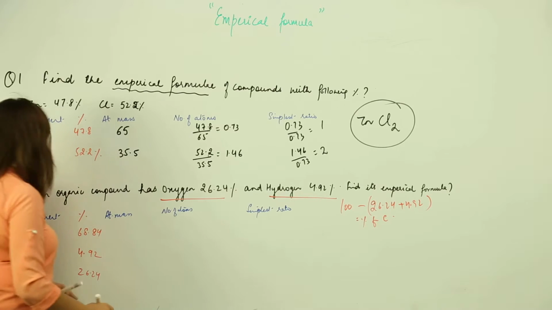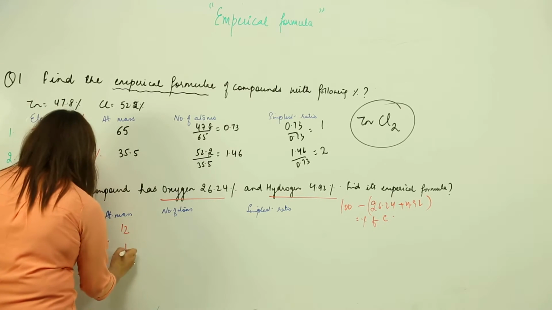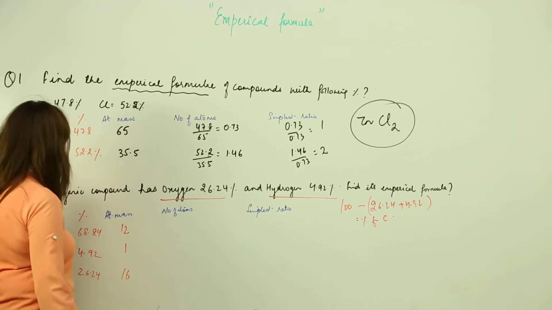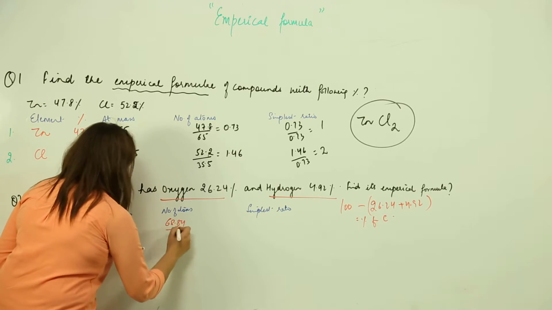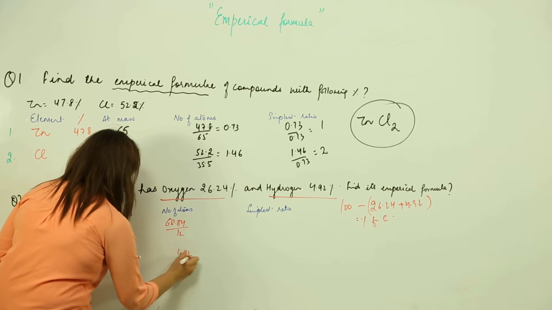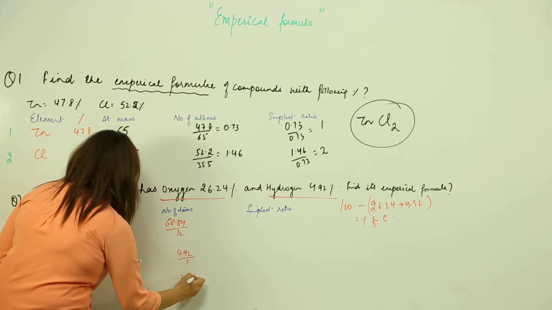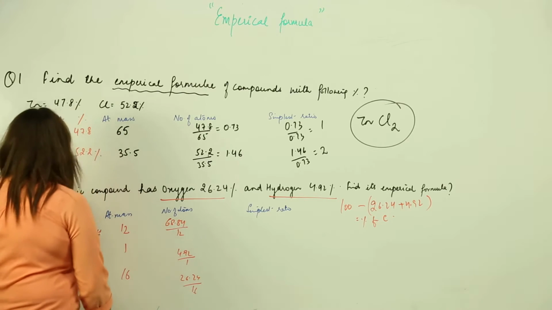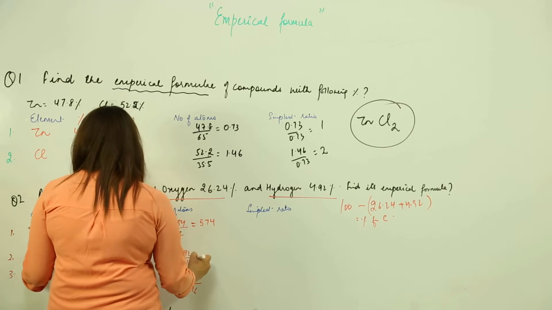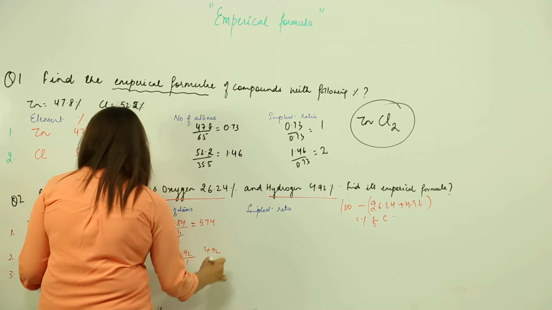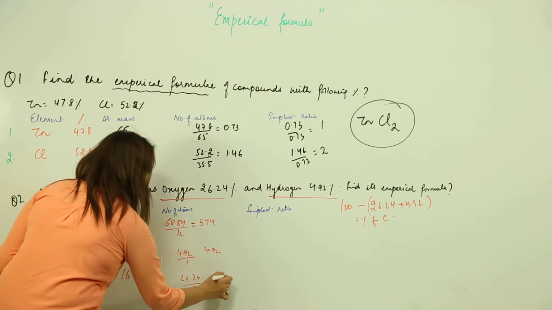Likewise you write the atomic masses: carbon 12, hydrogen 1, oxygen 16. For the number of atoms, you already know we divide the percentage by the atomic mass. This is what I am doing. After solving that, we get 5.74, 4.92 and 1.64.